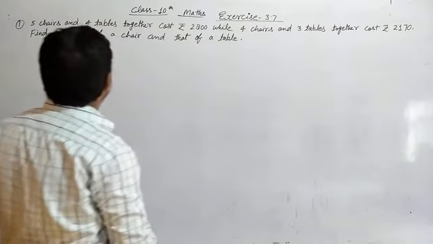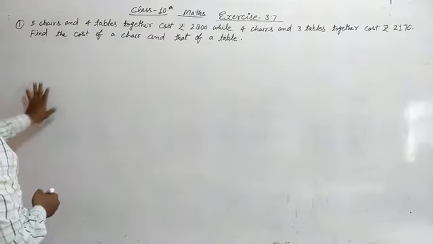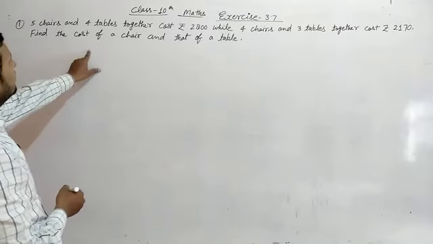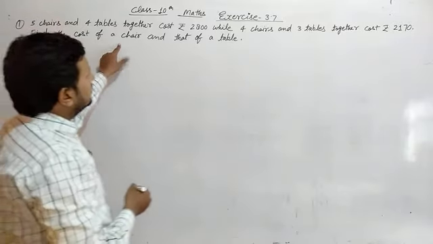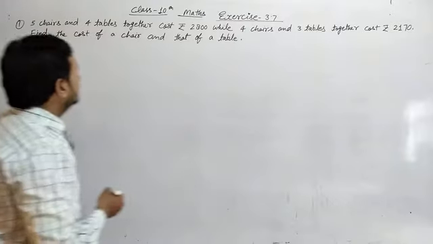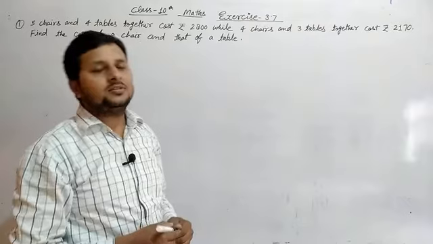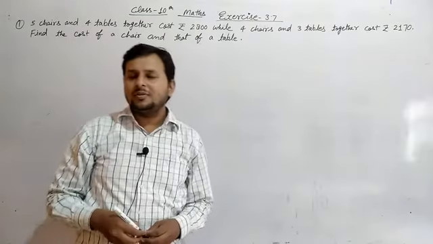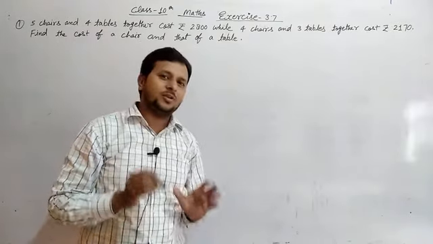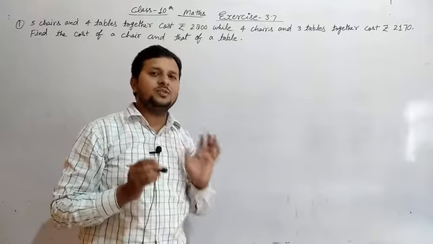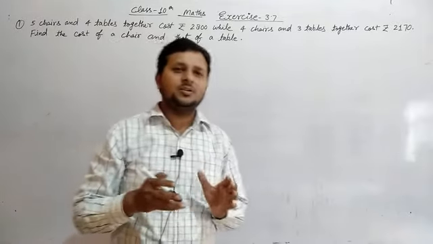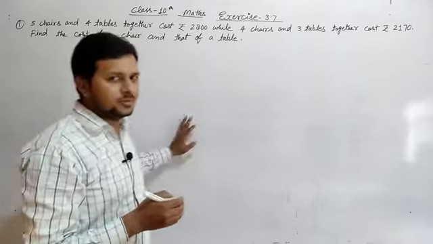Means we have to find the cost of a chair and only a table. The name of this chapter is pair of linear equations in 2 variables, which means we have to let 2 variables here to solve this question.